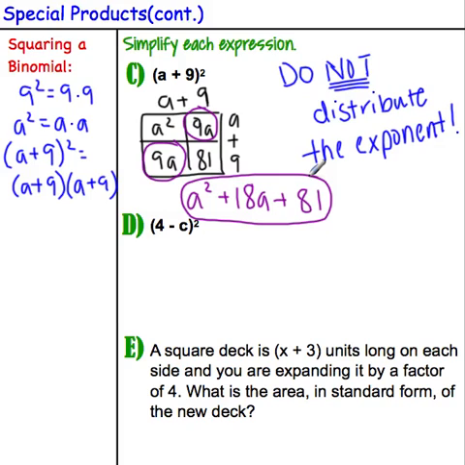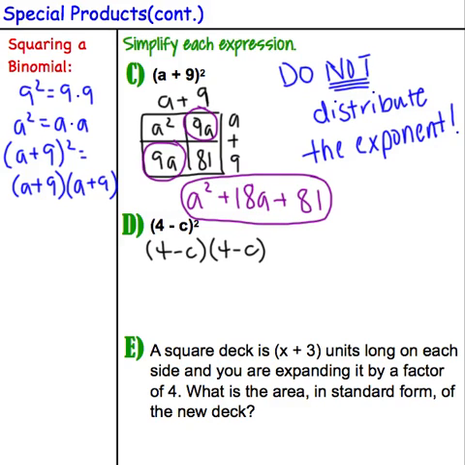Now we have 4 minus c, the quantity squared. And what this means this time is we're taking 4 minus c times 4 minus c. So when we use the box method, I apologize there.